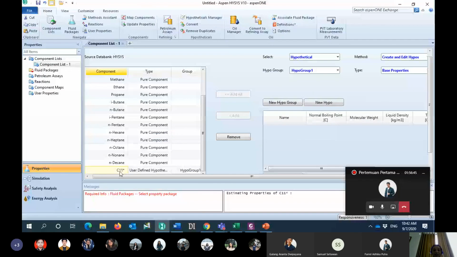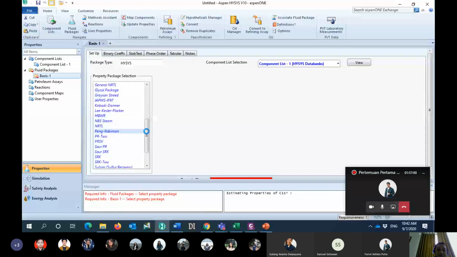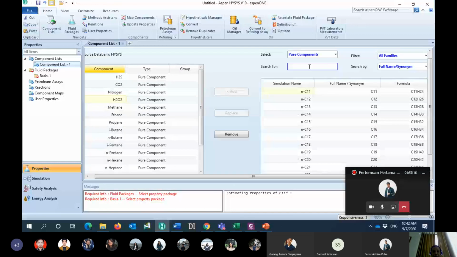Okay. After all components are defined, I will move to the fluid package. I will add the fluid package, which is Peng Robinson. Oh, this one, why is there H2? Oh, I made a mistake. This is not H2, I should put the water, H2O.